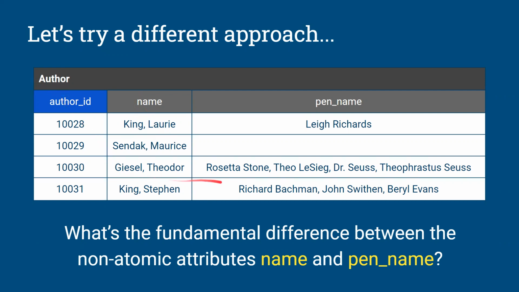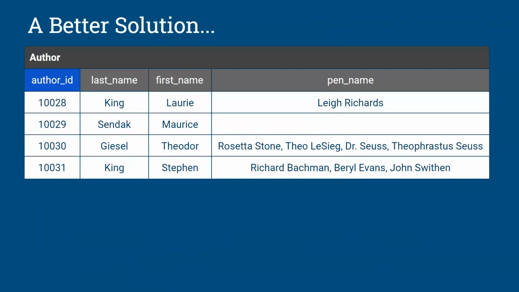But over here, this non-atomic attribute has 3 of the same stuff. And it's that difference that's critical as to how we handle it. If we've got 3 different columns squished into one, they're 3 different kinds of data, so just make those into individual columns. But this is really different because this is an arbitrary number of the same kind of stuff, and that one we're going to treat differently.